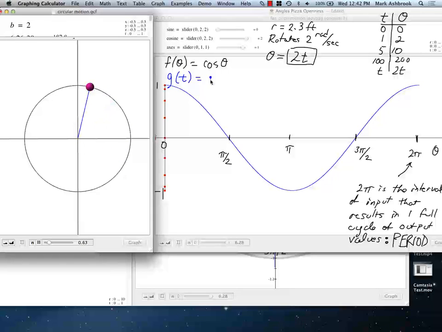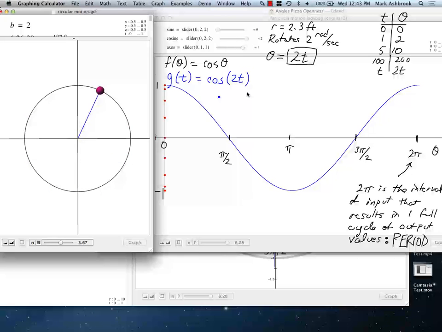Cosine of? Yeah, we found what theta was in terms of t, so we can put 2t. So the cosine always receives an angle. So if you want to write a function of time, then you just need to know what that expression of time is that gives you the angle. And you could put it there because cosine always wants an angle, the angle swept counterclockwise from the 3 o'clock position. And so that's 2t.